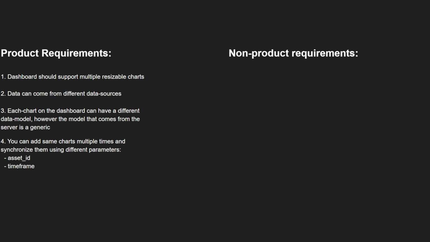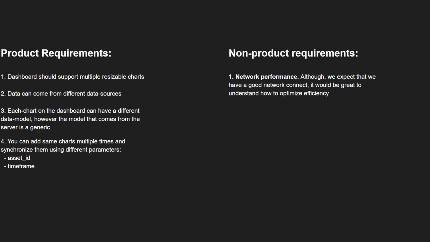We can also have some synchronization parameters, for instance, asset ID and time frame. If we select the asset ID on a single chart, and if we selected the synchronization mode, then all the charts should be updated with this asset ID. It's more like a bonus point in this design. I think it's not the most interesting part, but anyway, good to have.